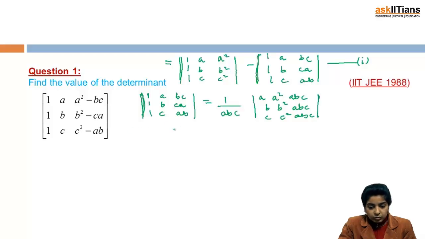Then I take out ABC common from here. This gives me ABC upon ABC, and I'm left with A square 1, B square 1 and C square 1.